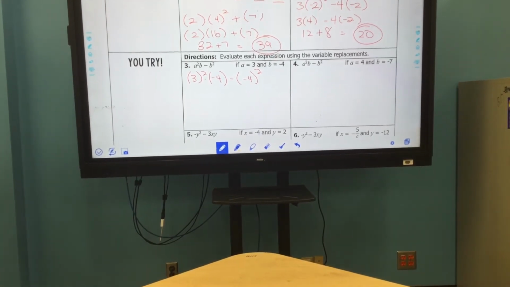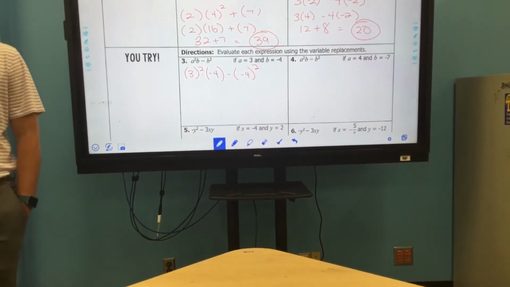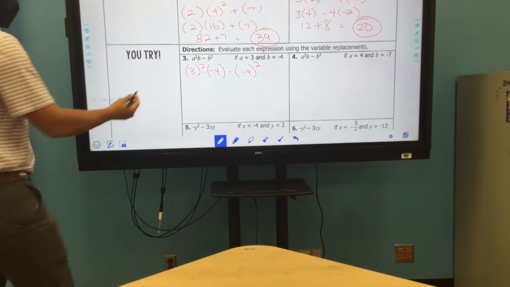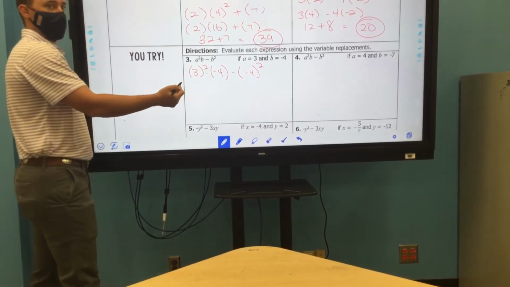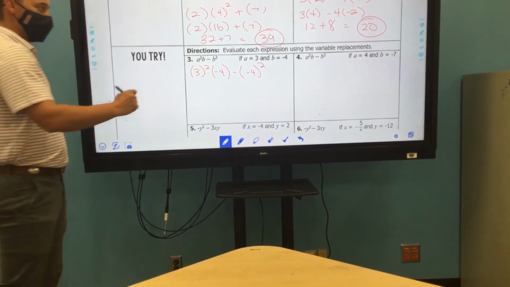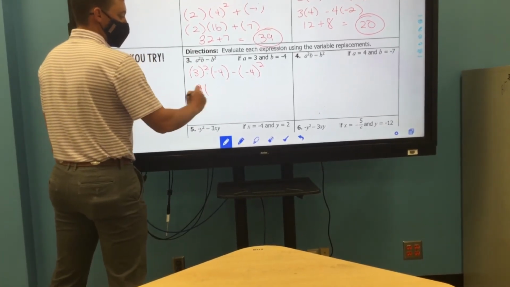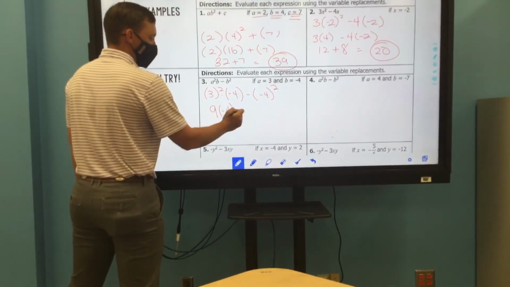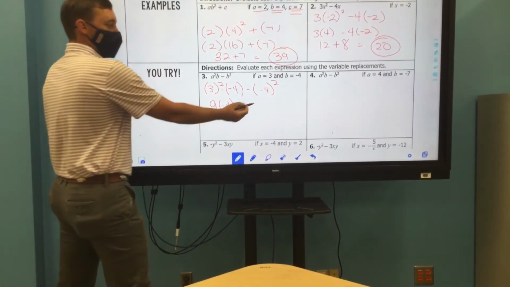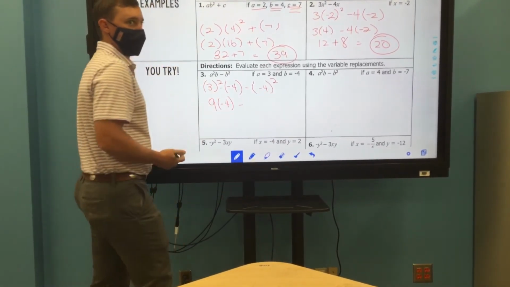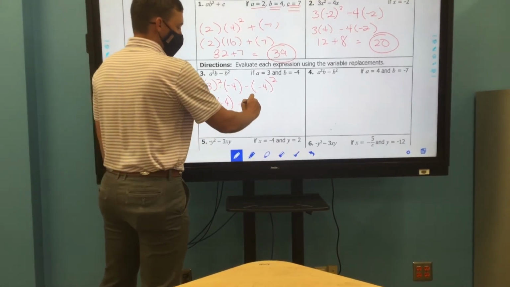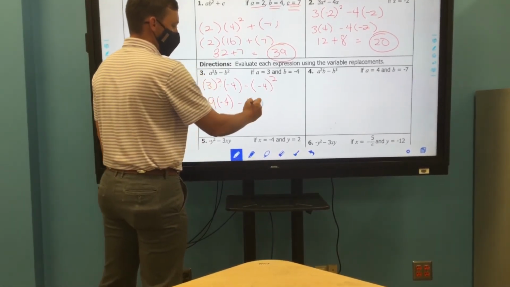Our order of operations tells us that we need to do our exponents first. So that's going to be 3 squared. 3 squared is 3 times 3, which gives me 9. Still have 9 times a negative 4 minus negative 4 squared. So that's negative 4 times negative 4. That'll give me a positive 16.